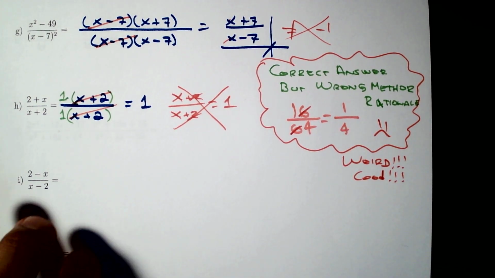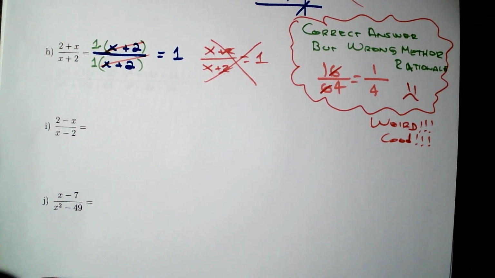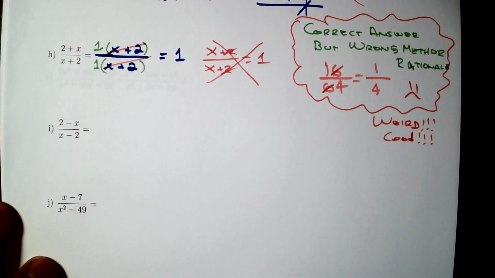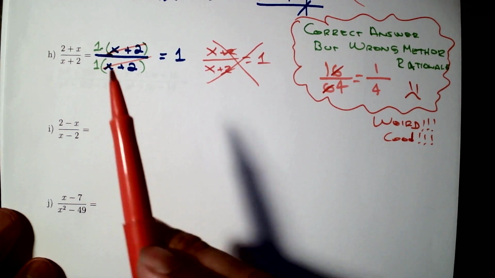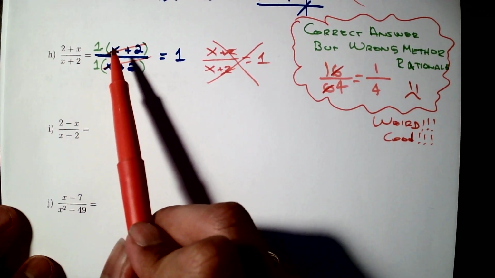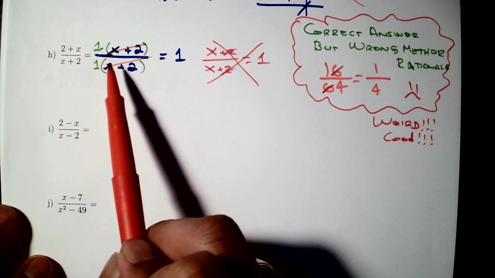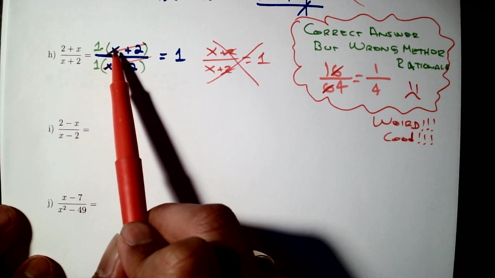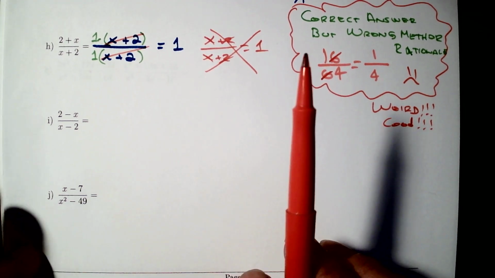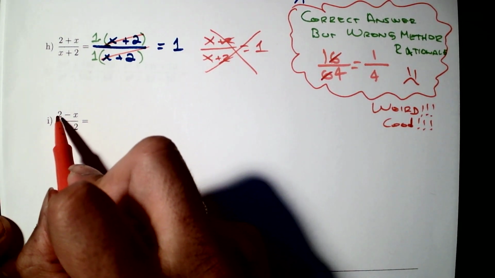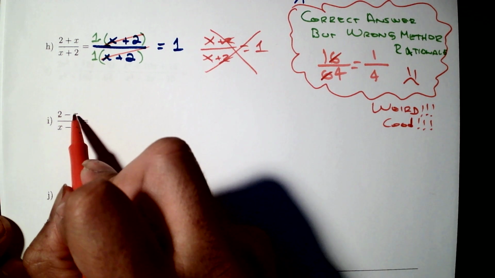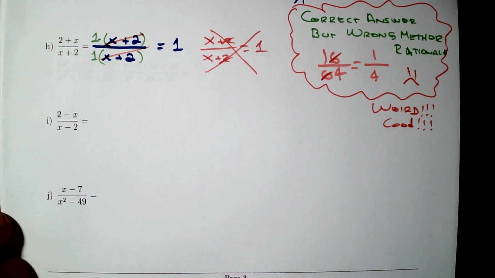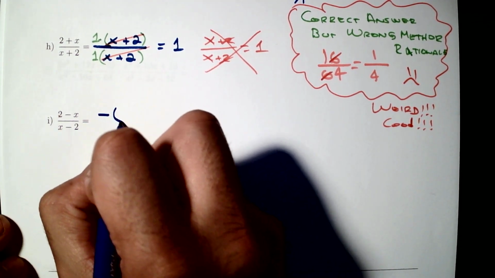All right. Let me do the next one. Very similar to letter H, letter I. 2 minus x over x minus 2. So notice what I did on letter H. I made them look the same way. And all we have to do for letter H is just reverse the order. For letter I, on the other hand, I'm going to change the order. However, in this case, I would have to factor out a negative sign.